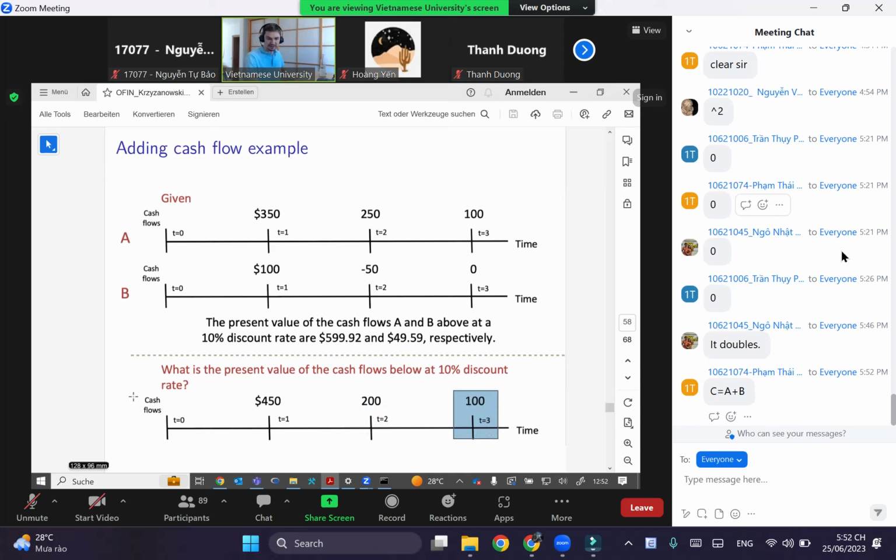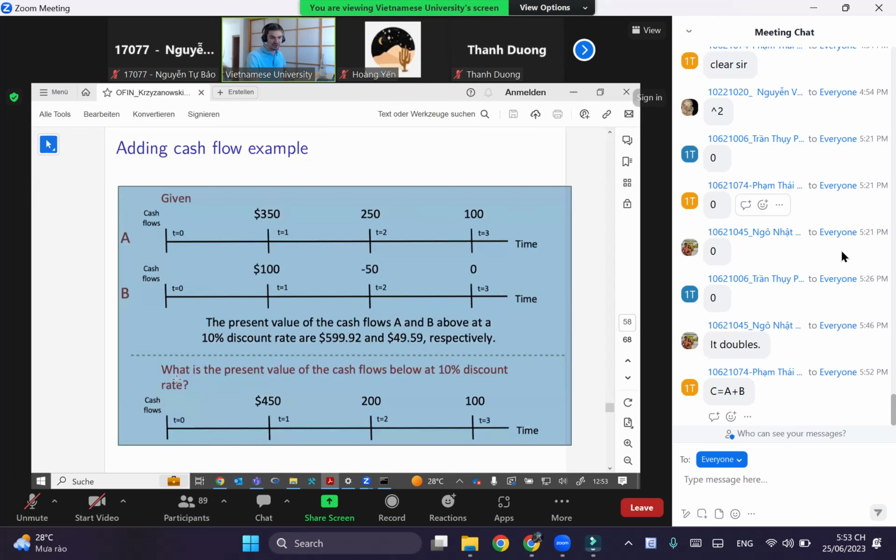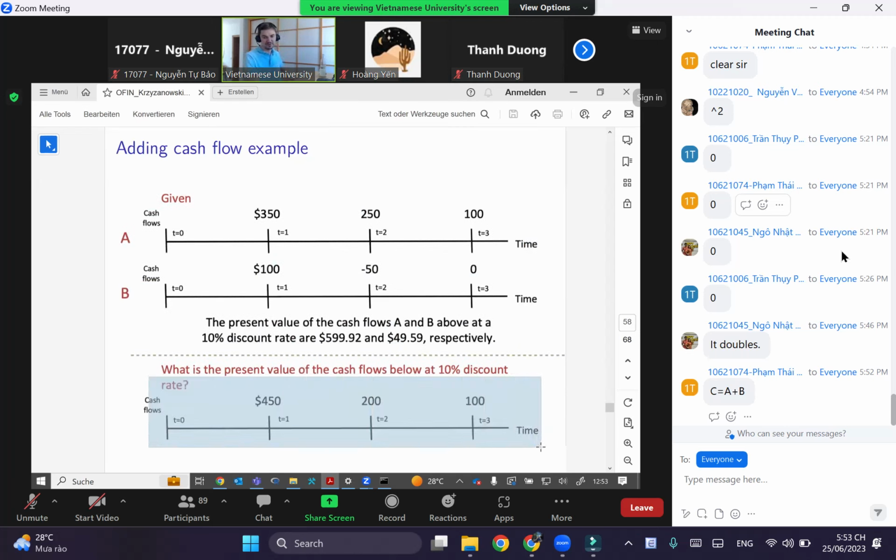Without having to calculate this, given that we already know the numerical values of the present value of investment opportunity A, as well as the present value of investment opportunity B, what can we say about the present value of investment opportunity, let's call it C, without having to calculate it in the way I just described a second ago? What is the present value of this investment opportunity, which I call C now?